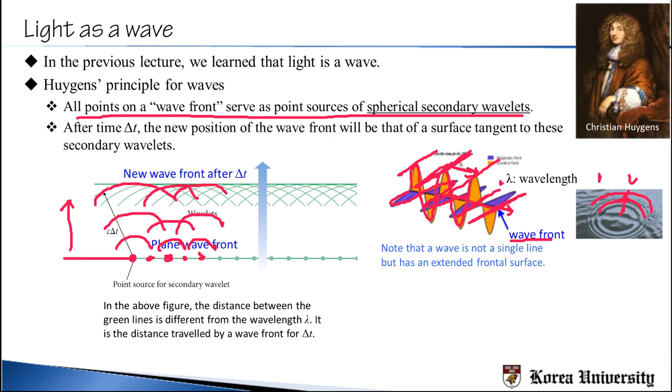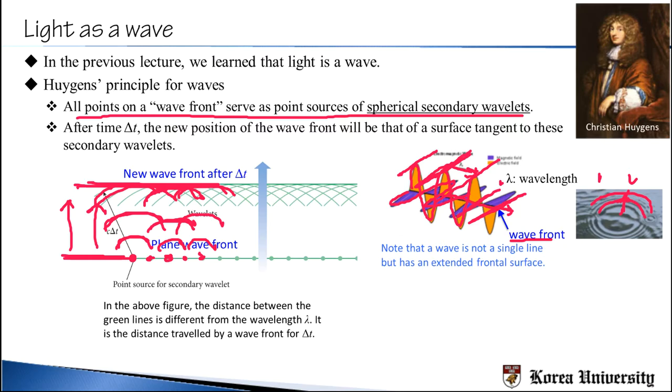And what we actually see is a summation or combination of these spherical secondary wavelets. So after some time it will look like this wavefront has moved up to here, but what is actually happening is that instead of this whole wavefront moving forward, each point creates secondary spherical wavelets, and then what we see is simply a summation of them.